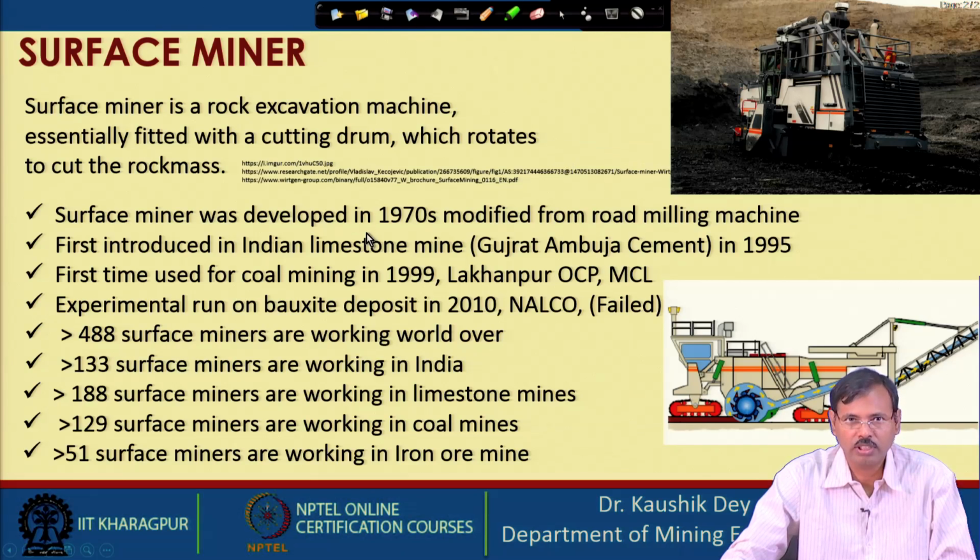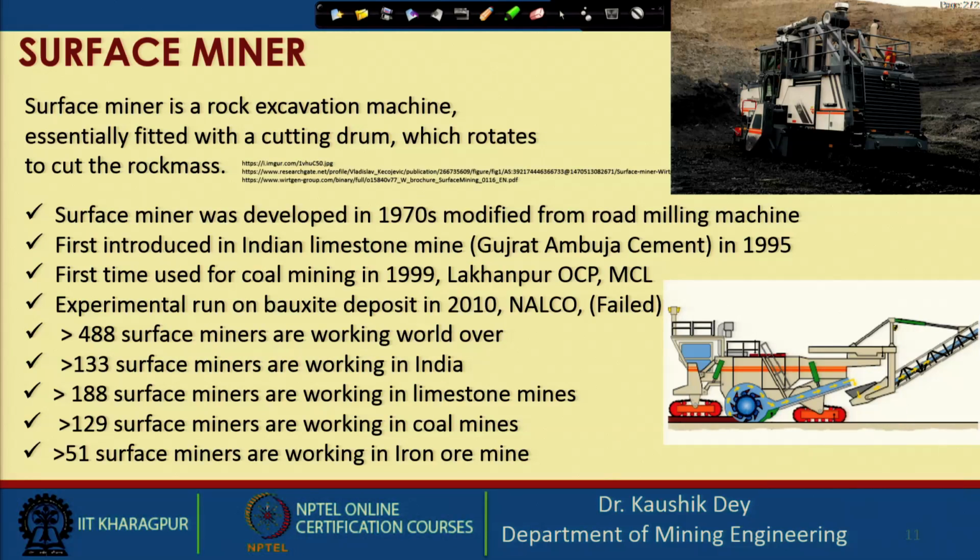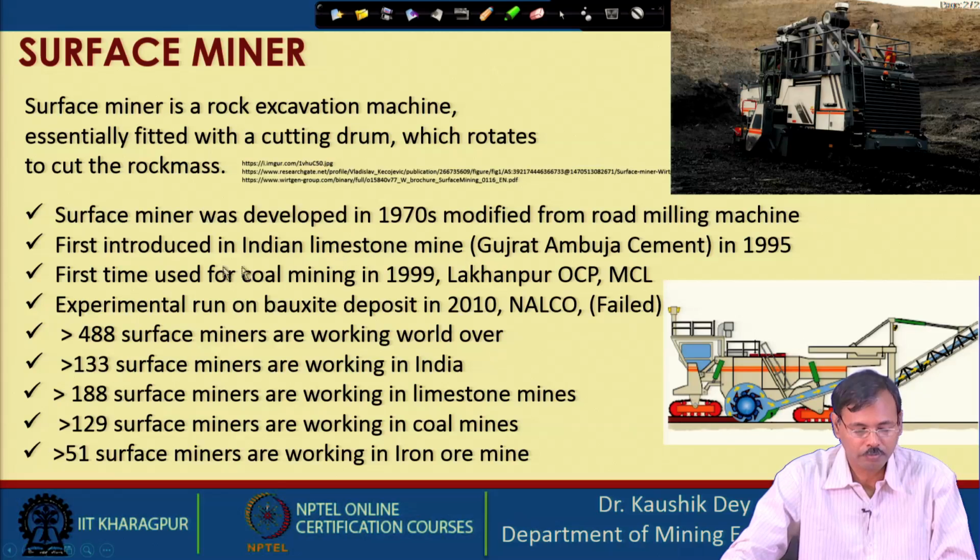The first introduction of surface miners was carried out in a bauxite deposit of South Africa, and later on it became popular. First it was introduced in Indian limestone mines in Gujarat Ambuja Cement Limited in 1995. A second hand machine of Wirtgen GmbH was deployed there on a contract basis.